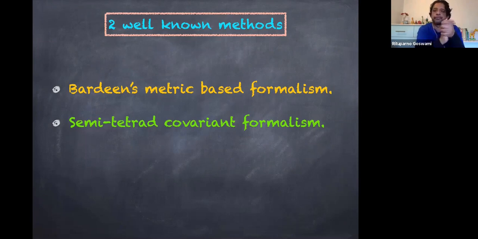It's based on metric potentials. So I won't go there. Rather, I'll go to the second one, which is not so often used, but is a very nice and geometrical semi-tetrad formalism, which is both covariant and gauge invariant.